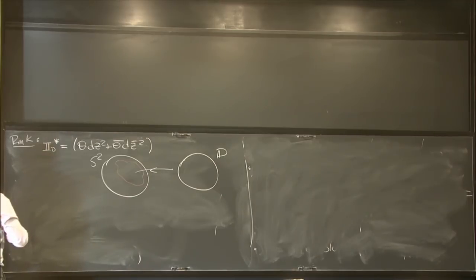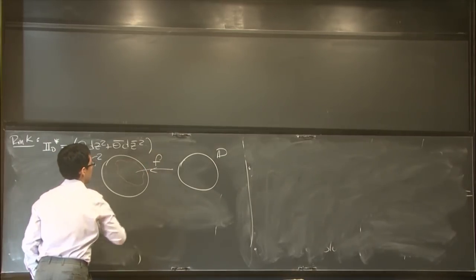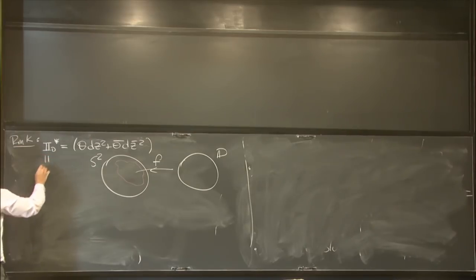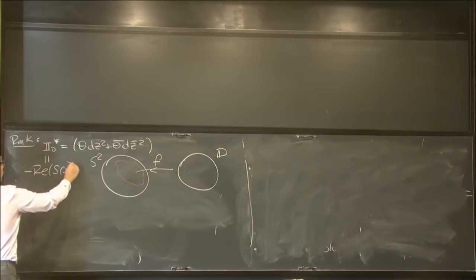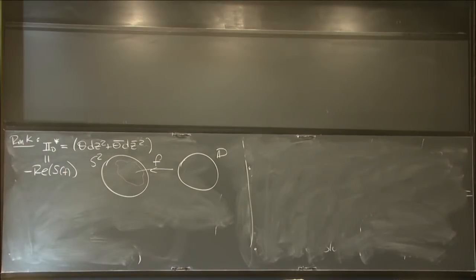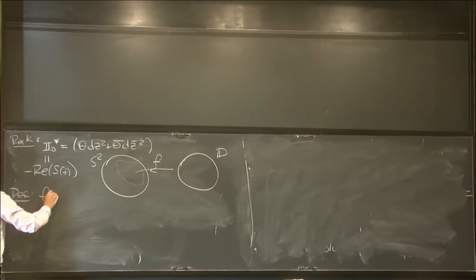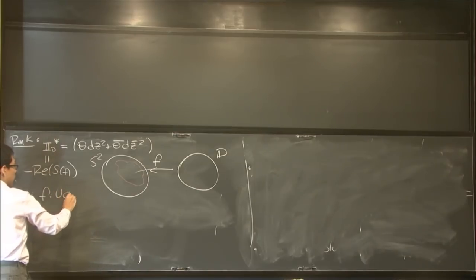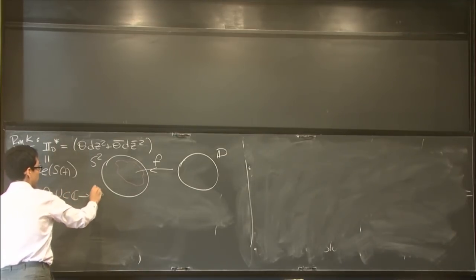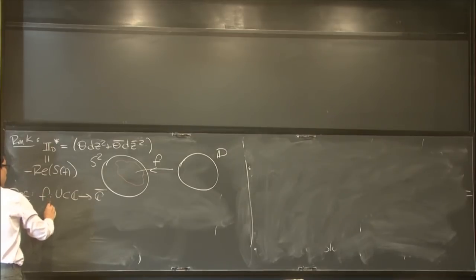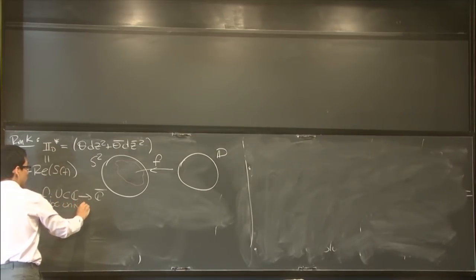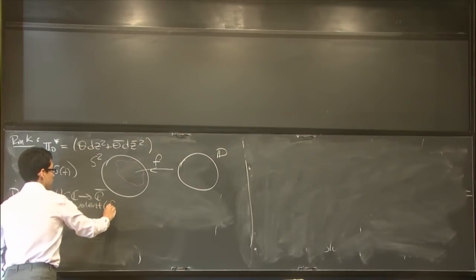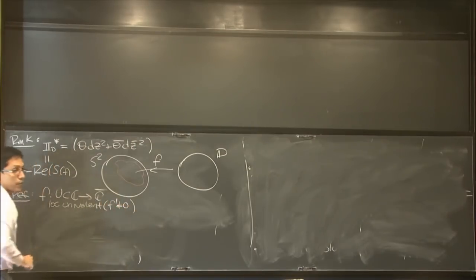By doing that, if we define this map as F, this is just going to be minus the real part of a quadratic holomorphic differential, the Schwarzian. So let me define that for you. Assume that you have a map from an open set of the complex numbers to the complex numbers, which is locally univalent, meaning that f prime is always different from 0.